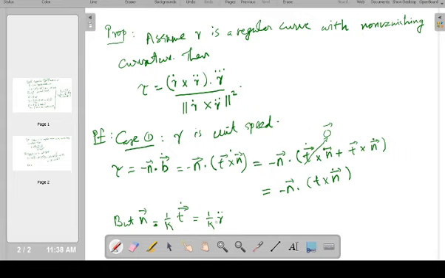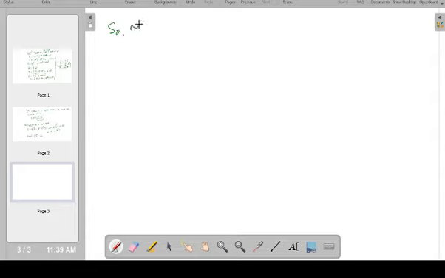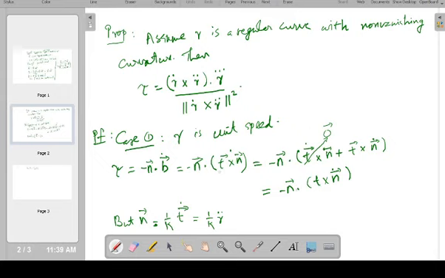Therefore tau equal to, let us substitute for vector n here, tau equal to minus n dot. So what is n? 1 by kappa times gamma double dot inner product with t cross n dot.